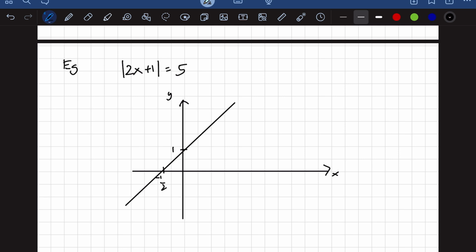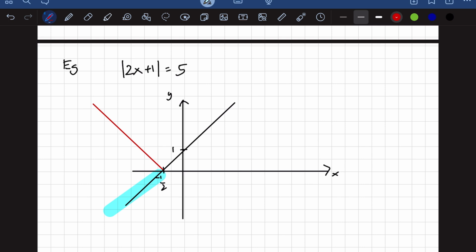Okay, but remember, we don't want everything below the x-axis. In fact, what happens is that this part here will get reflected upwards. So the new graph would look something like this. It gets reflected upwards. Yeah, so it's more like that.